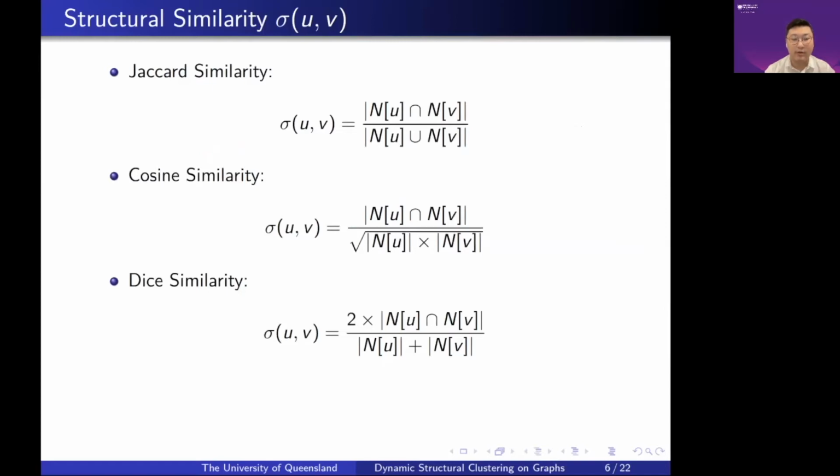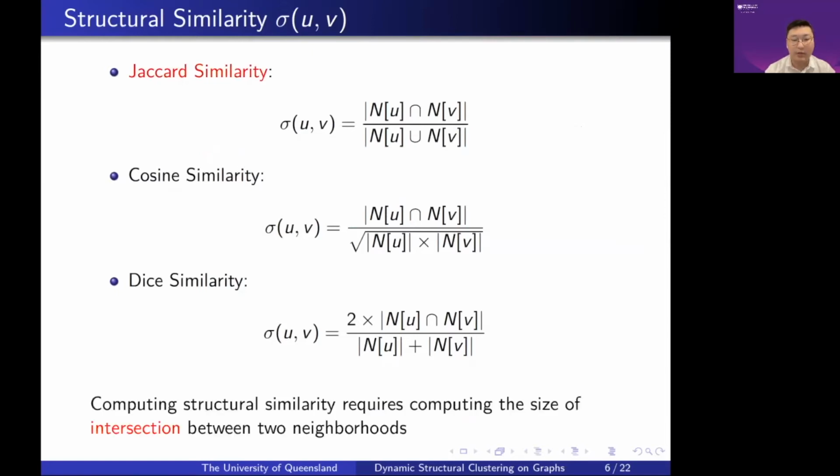Here are three popular definitions of structural similarity in the literature. You may notice that no matter which form of definition we adopt, computing a structural similarity requires us to compute the size of the intersection between two neighborhoods. And when the neighborhoods are large, the computation can take O(n) worst-case time.